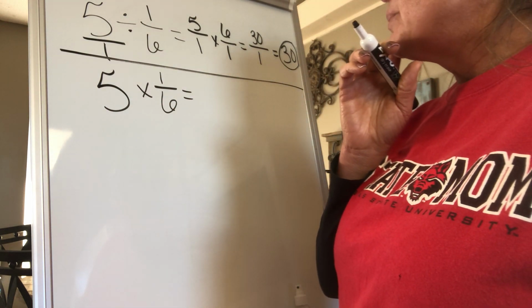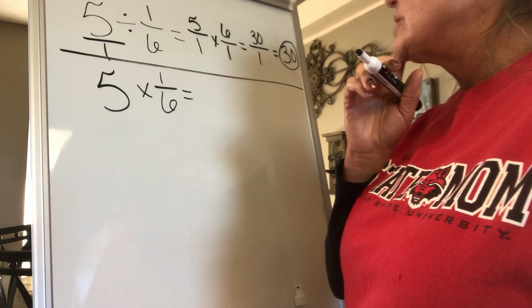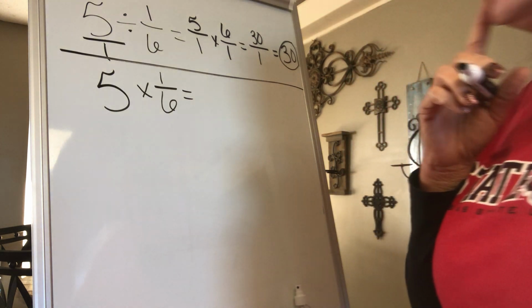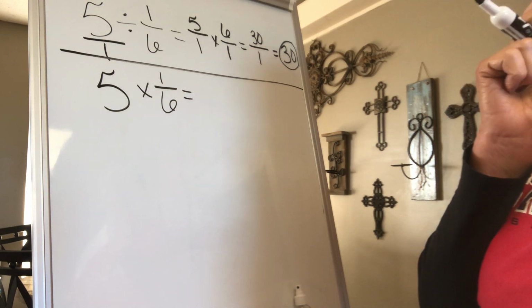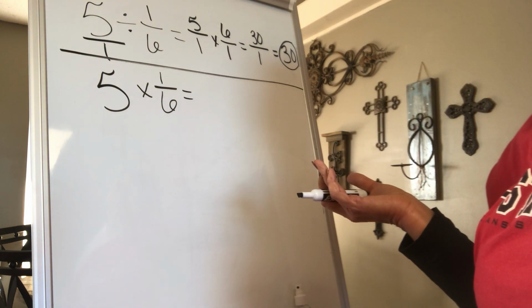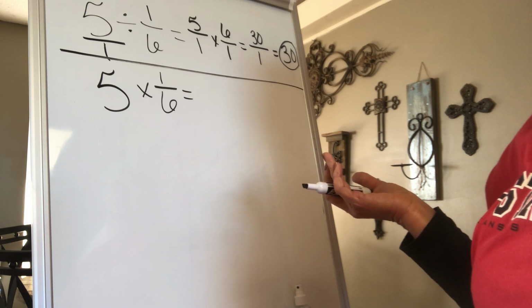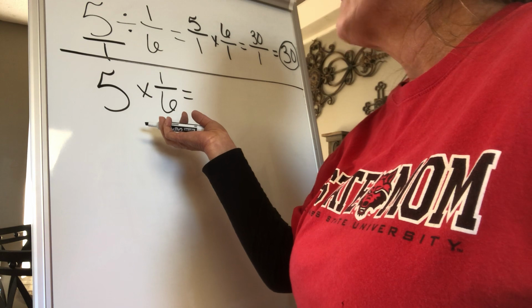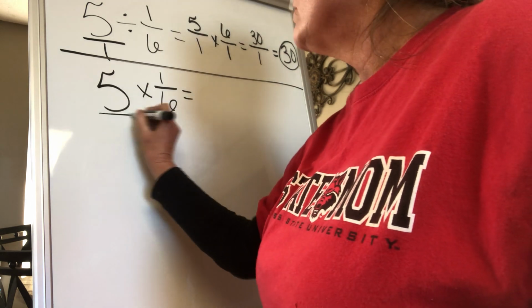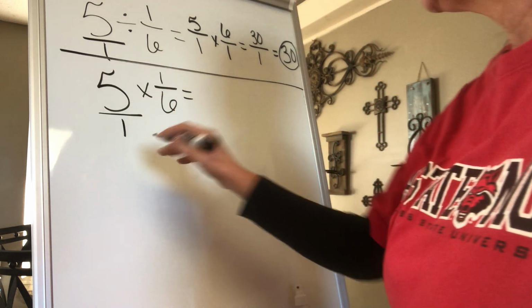So am I going to be thinking about a fraction here, or a whole number here? I think my answer is going to have to be a fraction because I have 1/6 of 5.